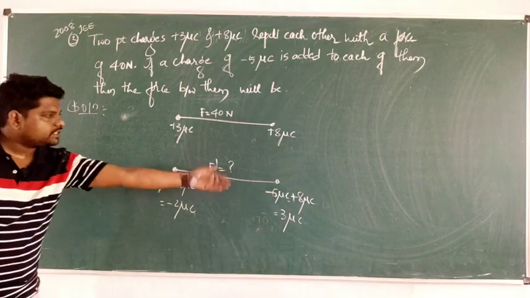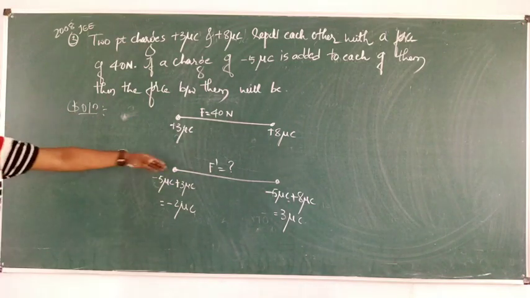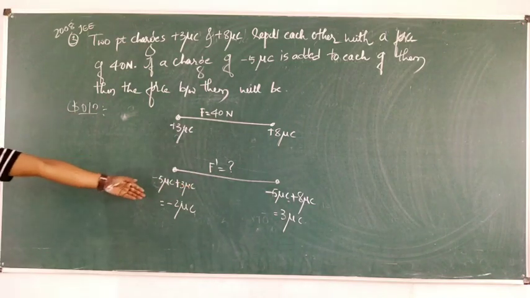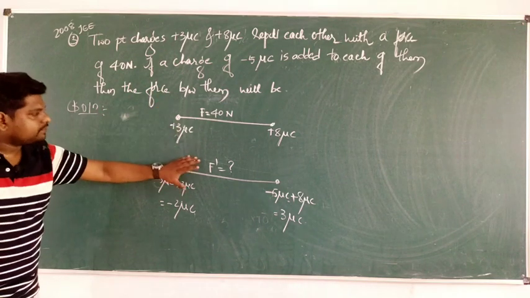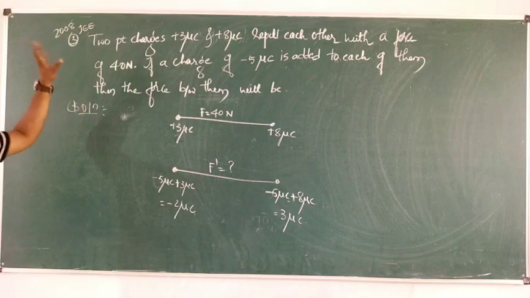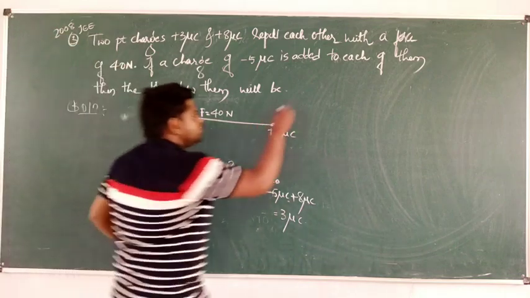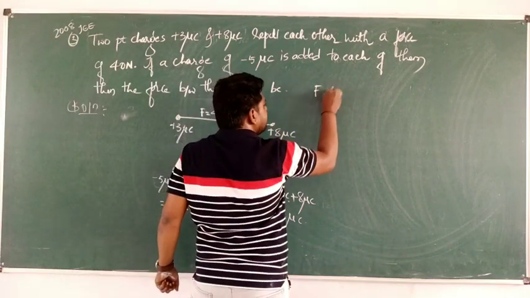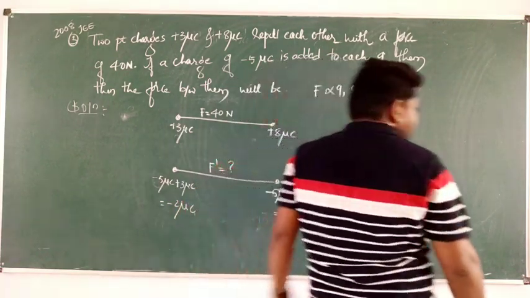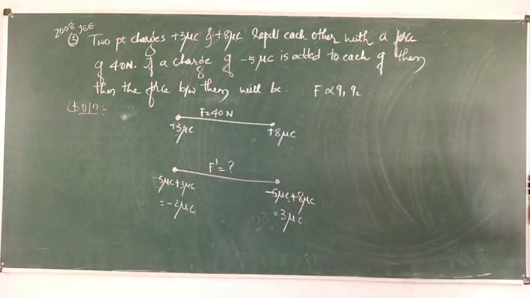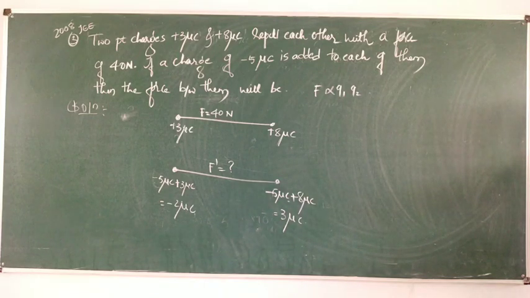Minus 2 as well as 3 microcoulombs. This is the new scenario. This is the hint of this problem. Use Coulomb's law. What does it say? Force is directly proportional to the product of two charges. Use that and arrive at the answer. Let us see, make it quick.